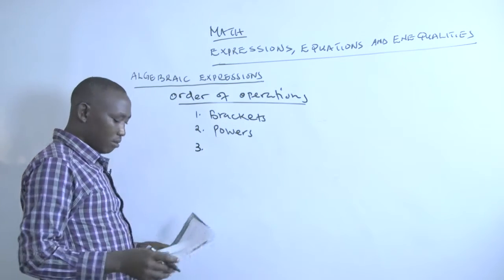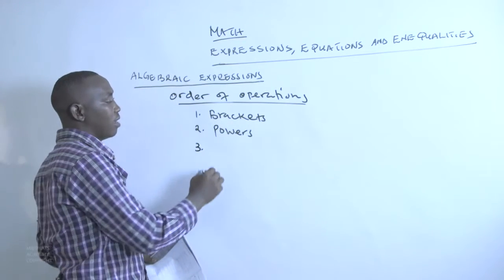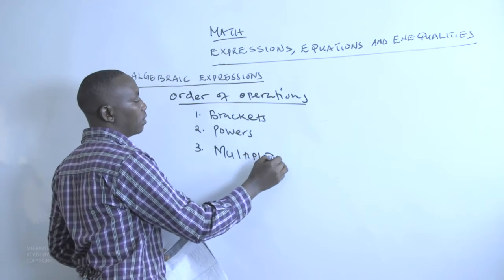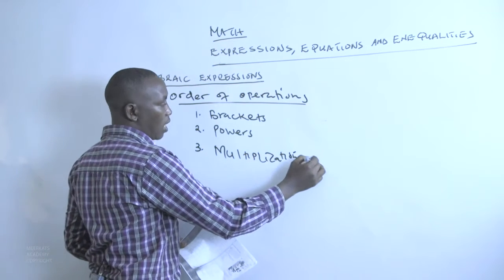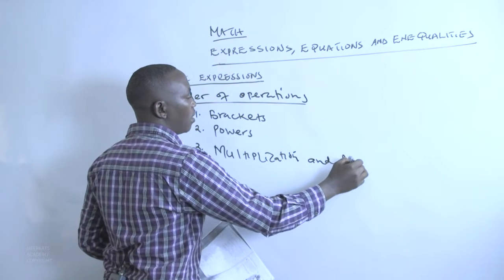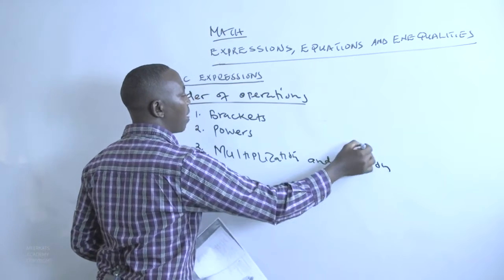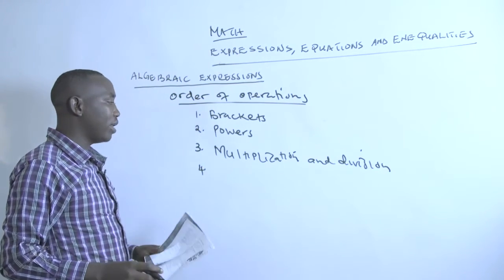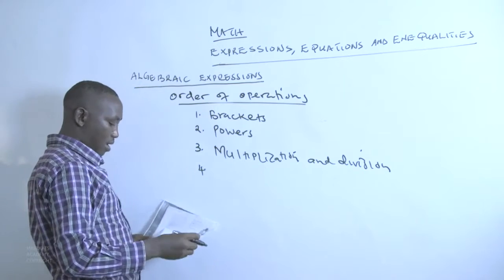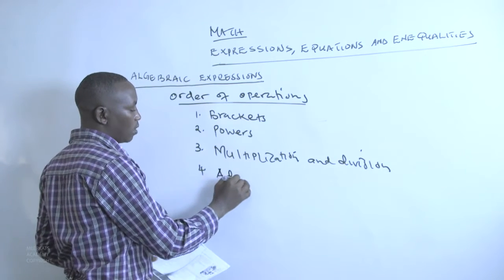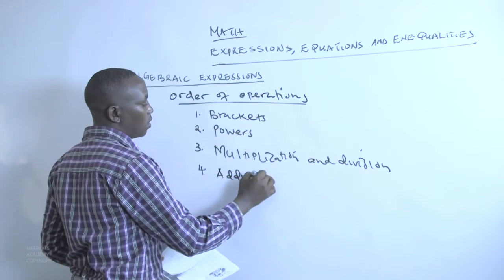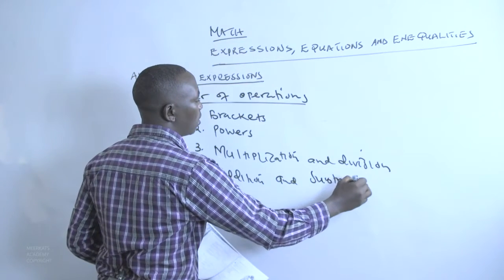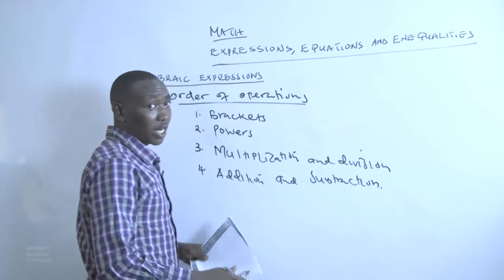Then third is multiplication. And division. And then the last thing that you evaluate is addition and subtraction.